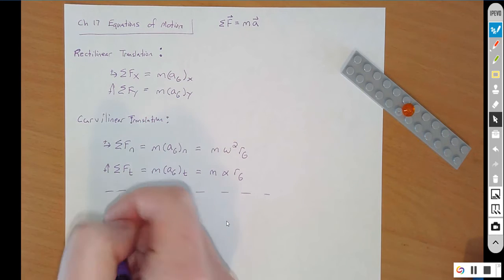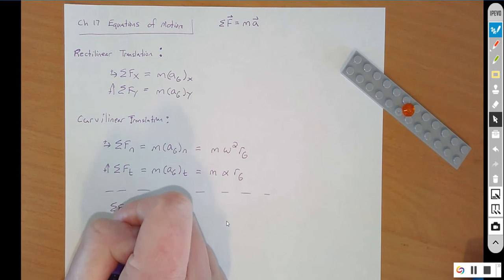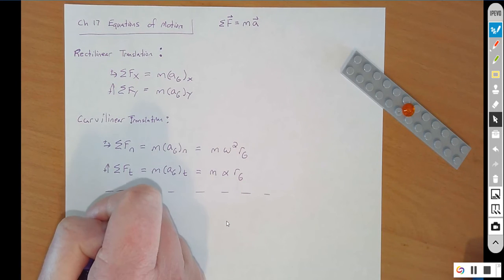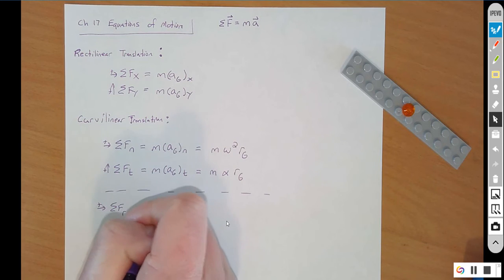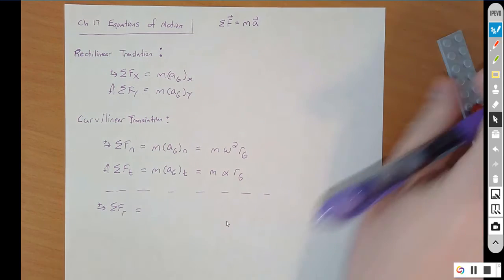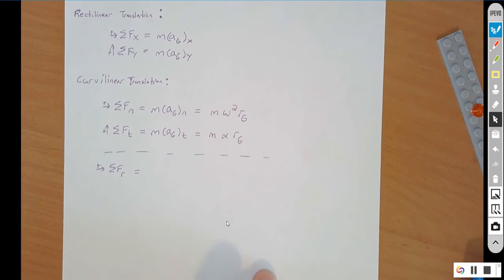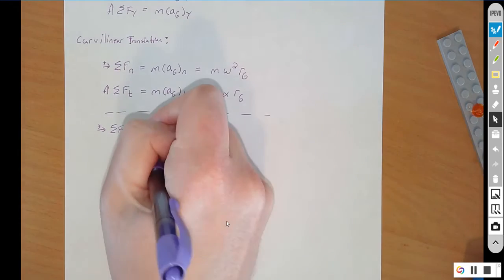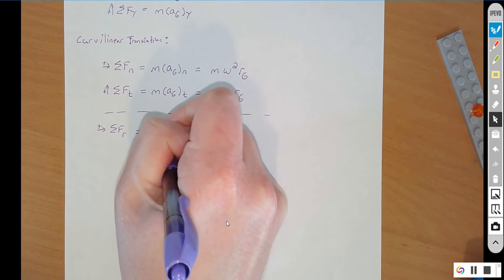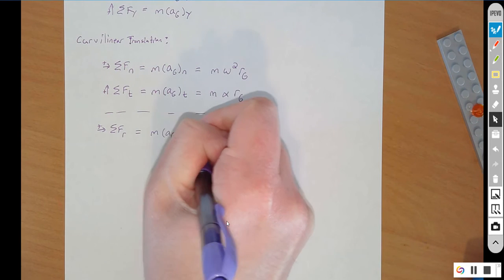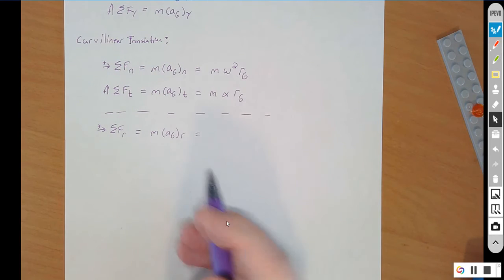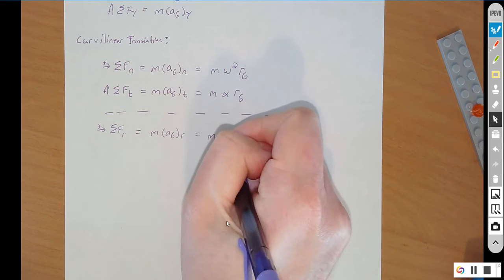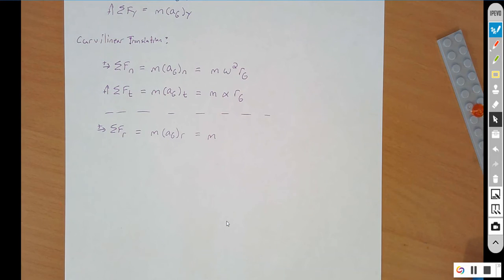So we could also use sum of forces in the r direction. Again, I'll just throw some arrows on here for practice, but you'd have to determine which way the radial direction is. The simple form is mass times acceleration of the center of gravity in the radial direction, but that again is not very useful, so we generally expand this out using our particle kinematics, the stuff we learned back then.